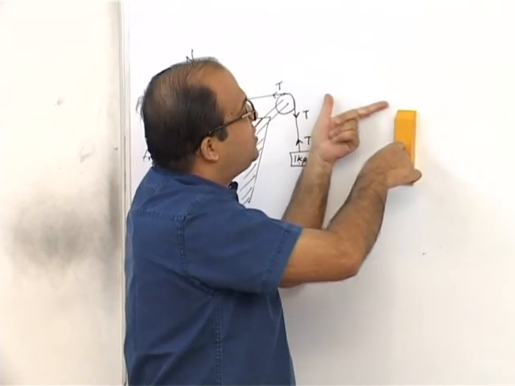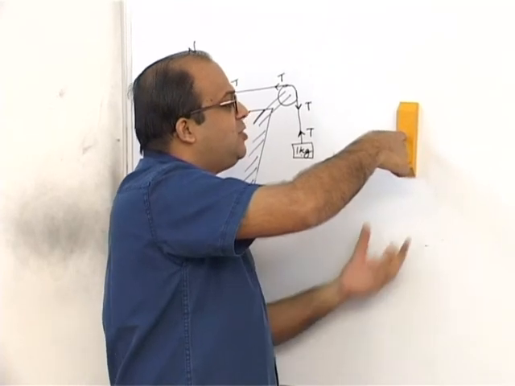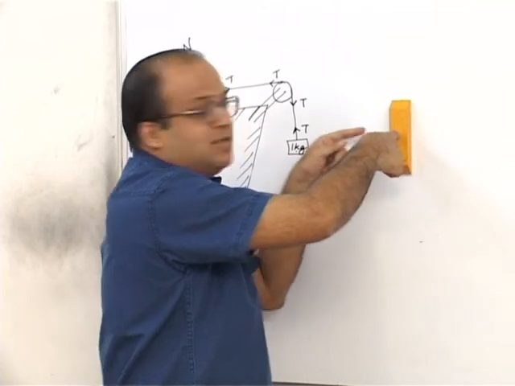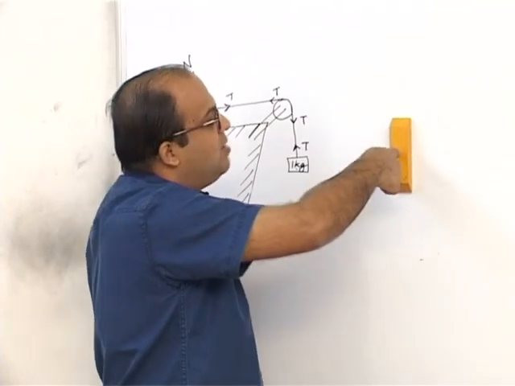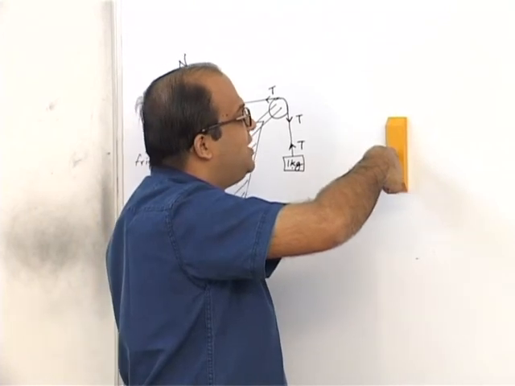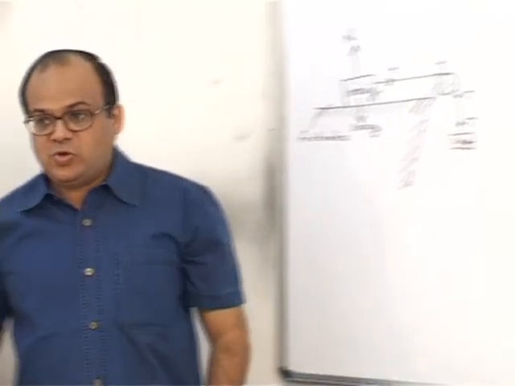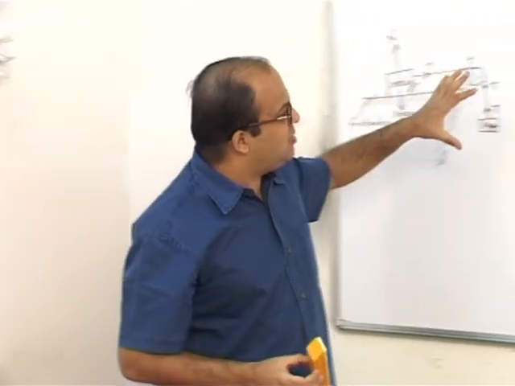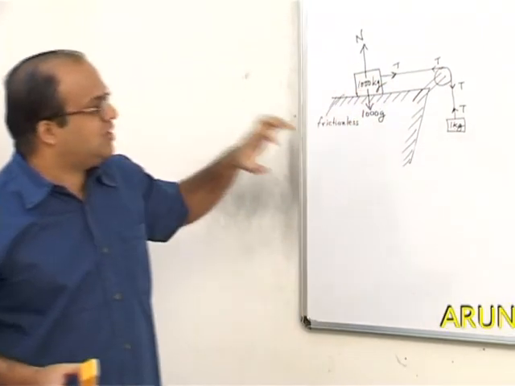If this surface was frictionless and if I applied a force like this, the duster will never remain in position. Please understand that the weight of the duster is getting balanced by the frictional force. My force is getting balanced by the normal reaction. Even though the frictional force and normal reaction are related, the duster is remaining in position, the weight is getting balanced due to the frictional force.